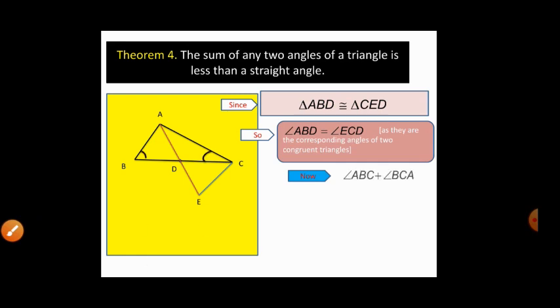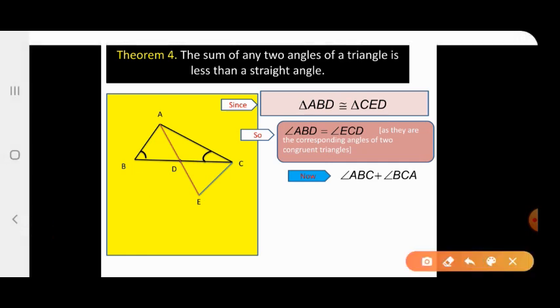Now, the sum angle ABC plus angle BCA. Here angle ABC equal to angle ECD, that we have just proved.